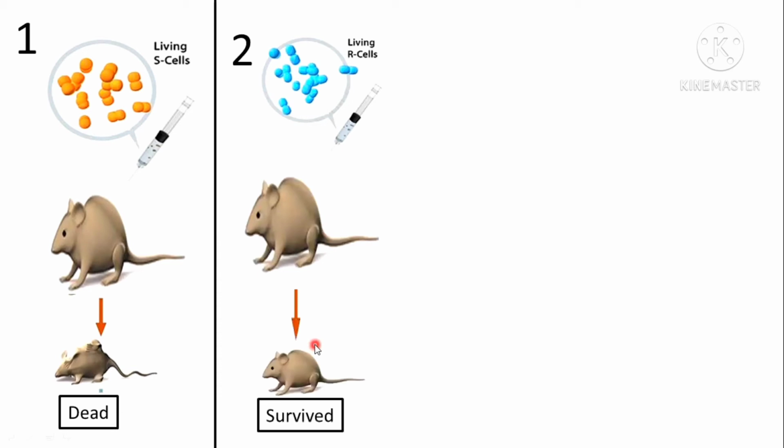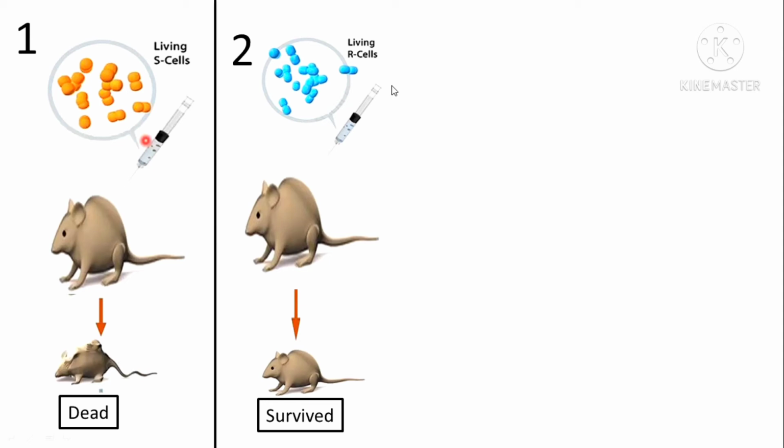Guys, I told you the reason: the R strain is non-virulent, as it does not have a polysaccharide coat. So that's why mice lived, and the S strain is virulent. So it will kill mice as it has the presence of a polysaccharide coat.